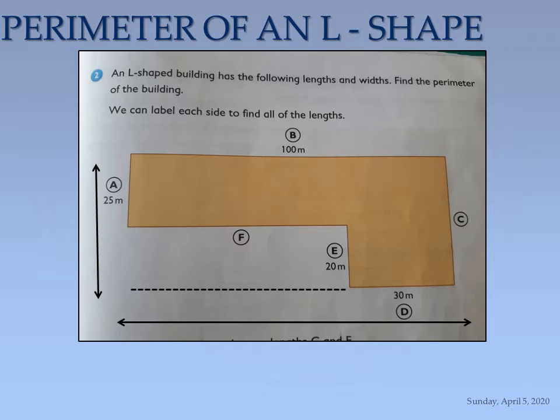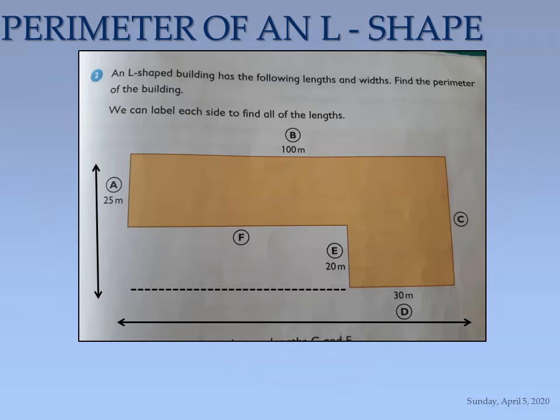But side B is 100 and we only have a part of the lower side, that's the opposite side. The part of it that we have is 30 meters. Don't you think that it is now easy to find the rest of the length? We can subtract 30 from 100 meters.